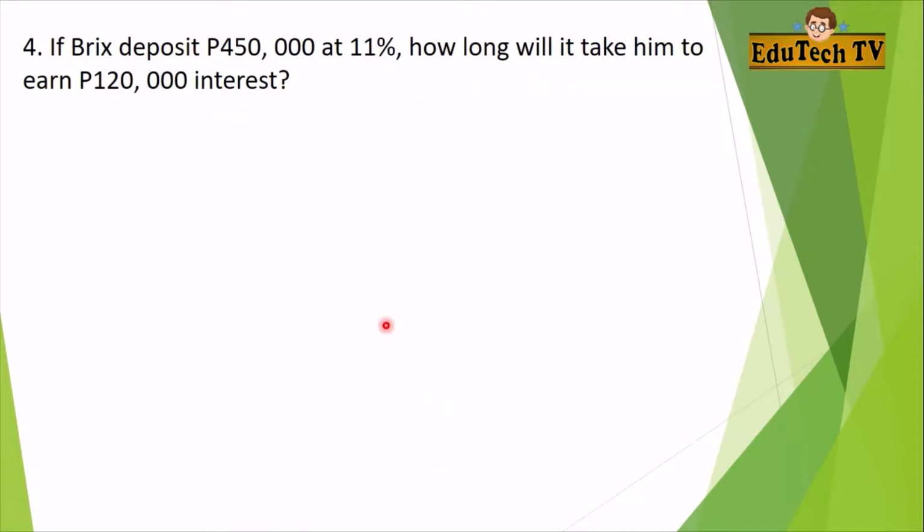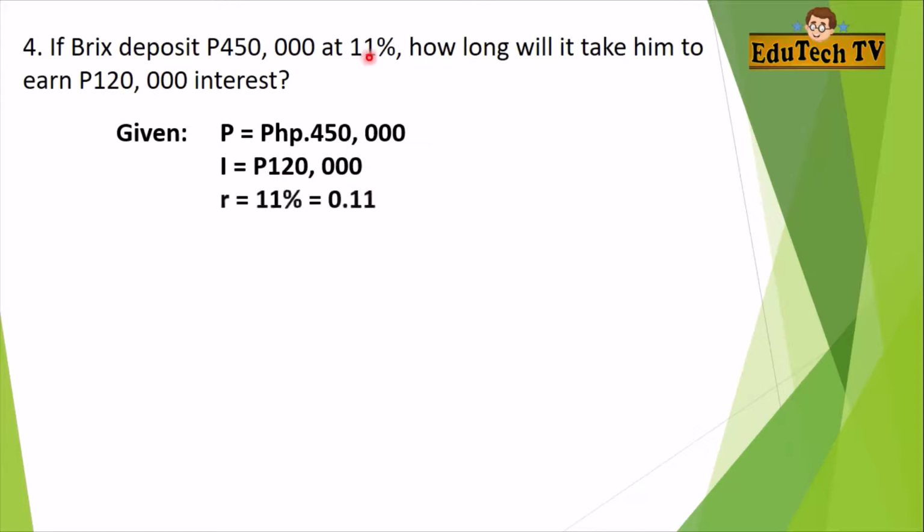Let's have number 4. If Bricks deposits 450,000 pesos at 11%, how long will it take him to earn 120,000 interest? Of course, when you deposit money in a bank, that money will earn an interest. But how long will it take Bricks to earn 120,000 pesos? So he deposited 450,000, so this is our principal, and the interest to be earned is 120,000 at 11% or 0.11.